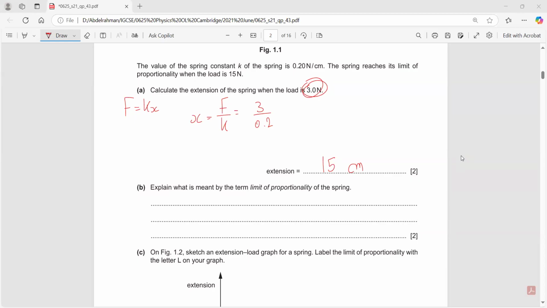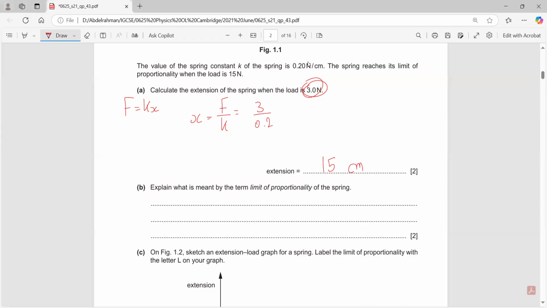The spring no longer obeys Hooke's law. Up to this point, the force and the extension are directly proportional.